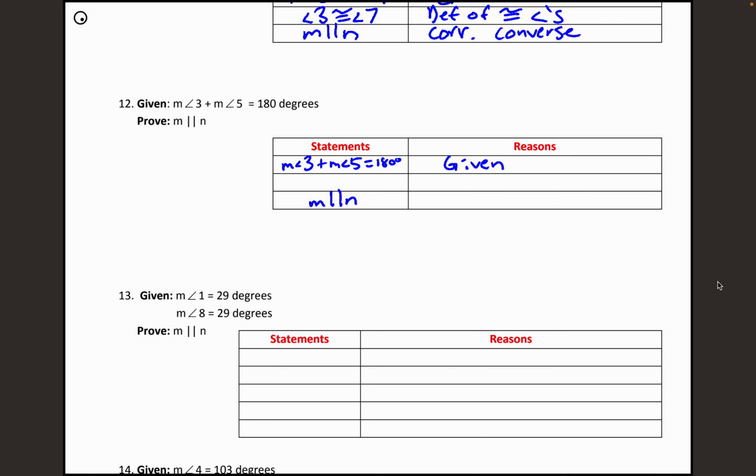What is it called when two angles add up to equal 180? Supplementary. So all we have to say this time is angle 3 and angle 5 are supplementary. I'm going to abbreviate it because I don't have a lot of room. And what would my reason be for this? Definition of supplementary angles.